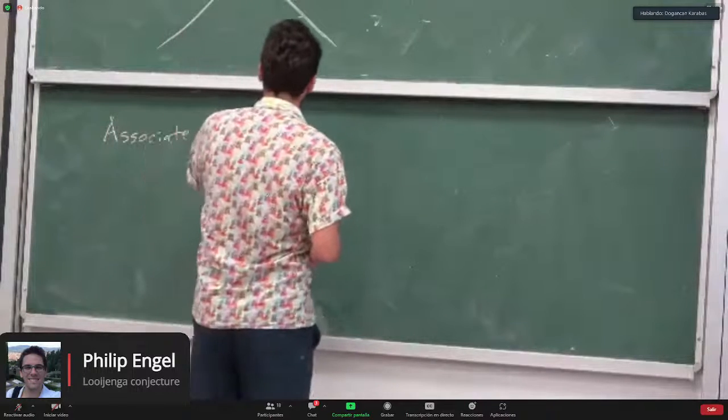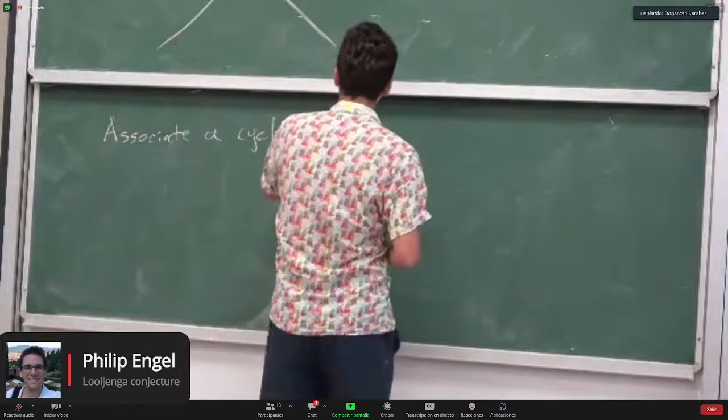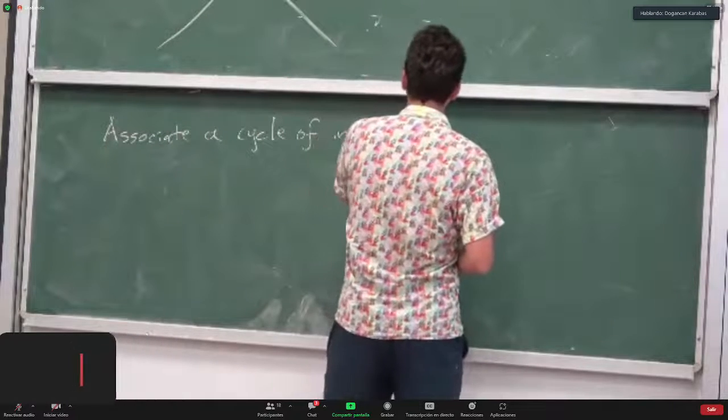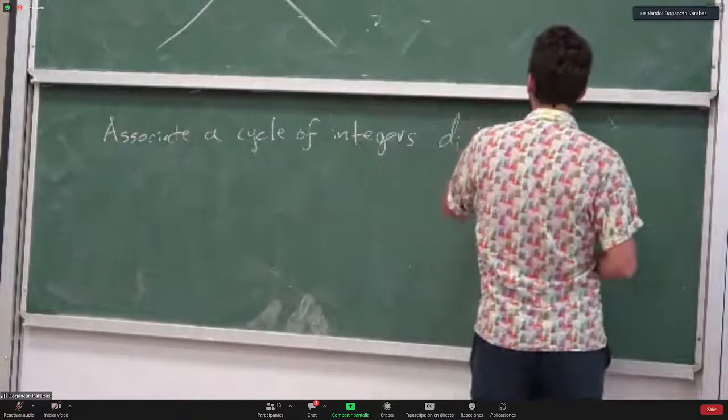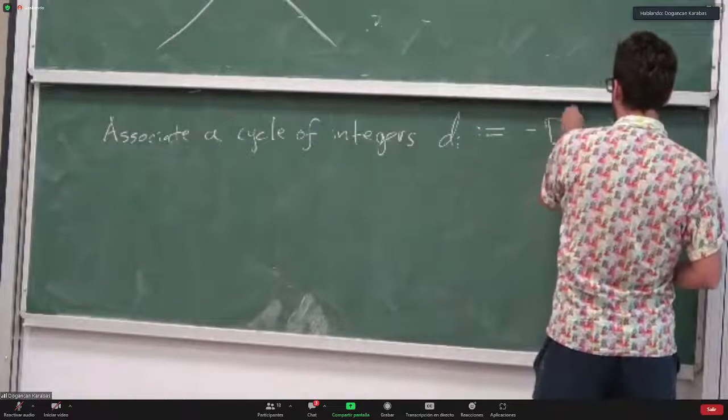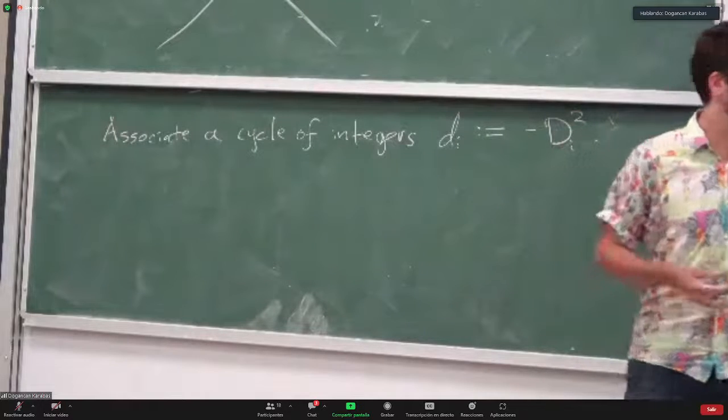All right. And associated to this cycle, I want to associate some sequence of numbers. So we're going to associate a cycle of integers, di, and they're going to be defined as the negative self-intersection number of the Di's.